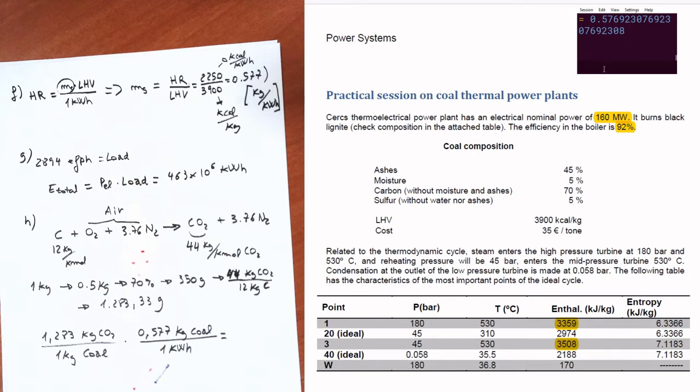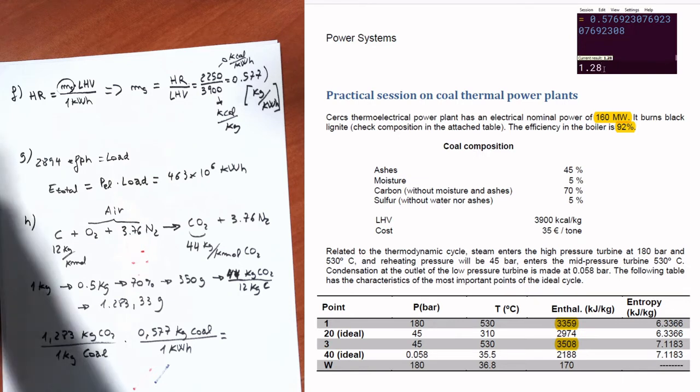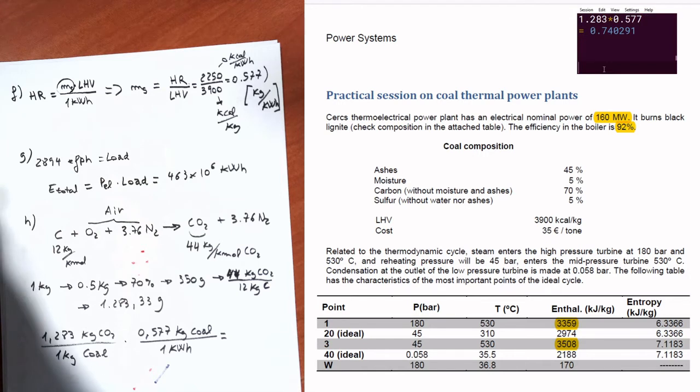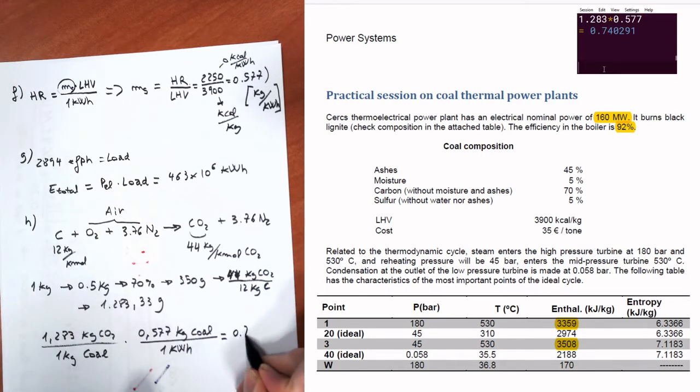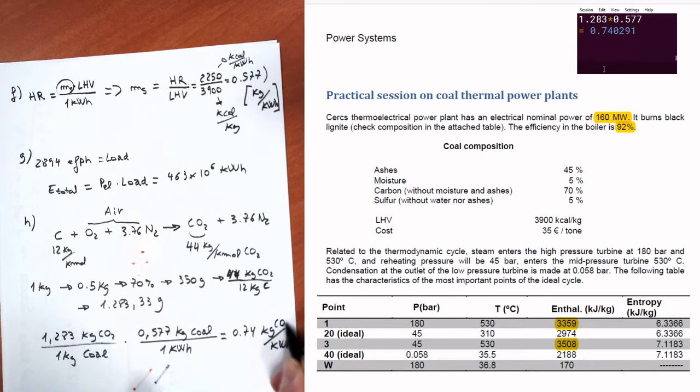We have this value, 1.283, multiplied by 0.577, and we get 0.774 kilos per kilowatt hour of CO2 emission.